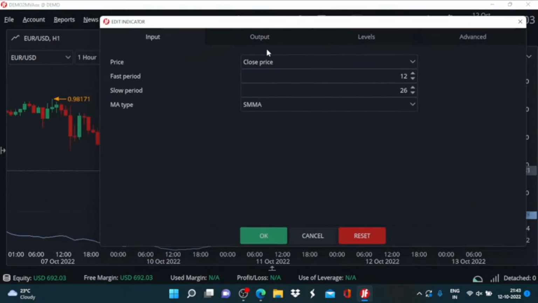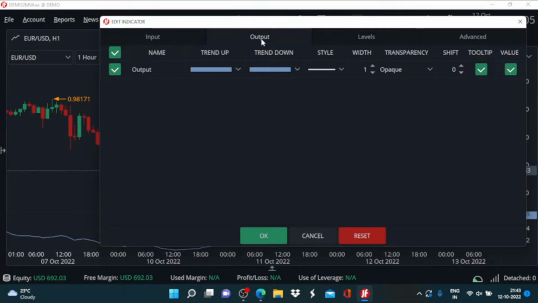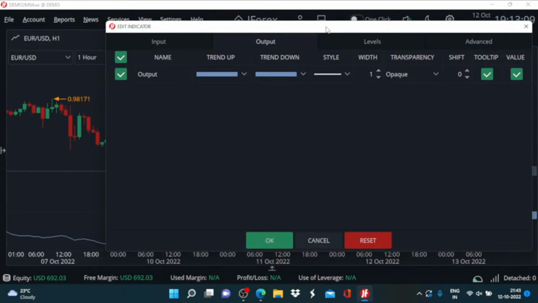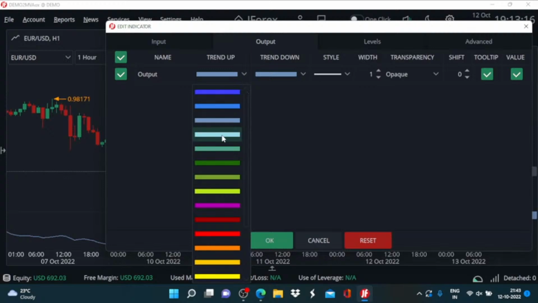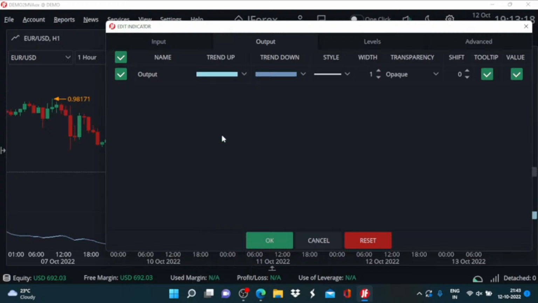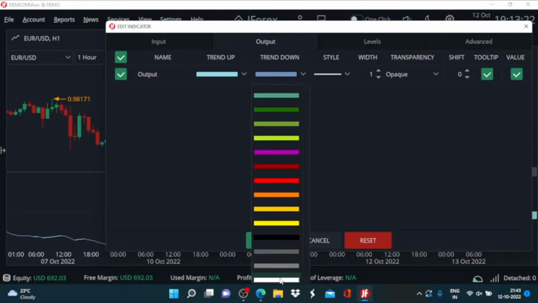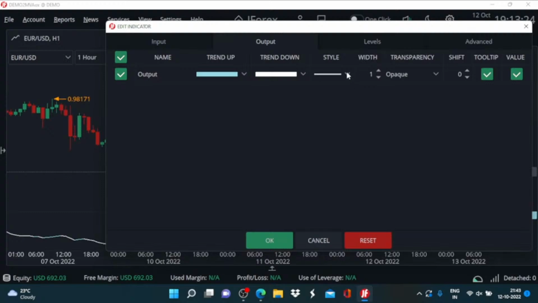Coming to the output value, the output of the indicator can be color coded in various different ways. So if you want the trend up and trend down to be defined differently, you can go for that. So you get these options to go for different types of colors. Style can also be varied.